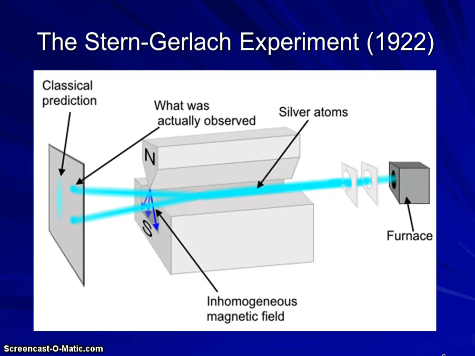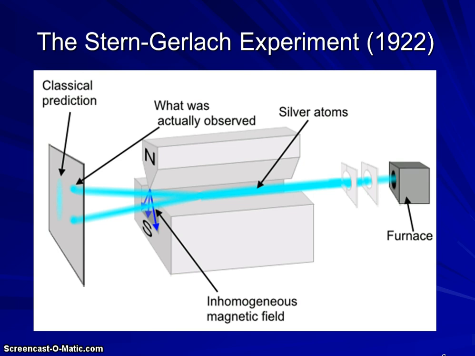The atoms are then, after being passed through that magnetic field, detected somewhere past the magnet. Since silver atoms have an unpaired electron, they have a magnetic moment associated with their electron spin. So the atoms are going to be deflected by the magnetic field in the Z direction by an amount that depends on the Z component of the spin of the electrons. It depends on how the magnetic moments are oriented to one another, basically.